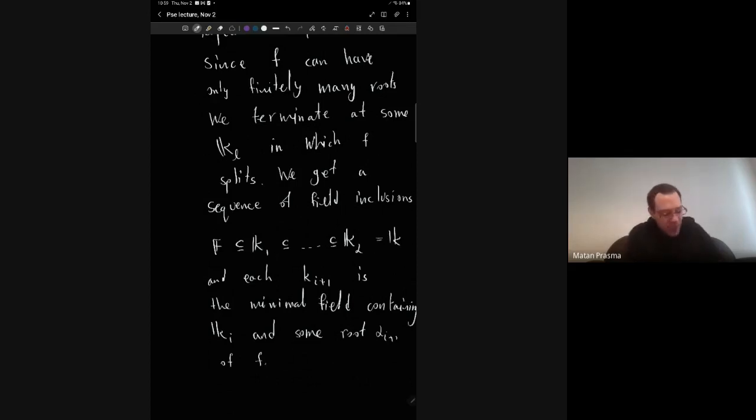So since in every step of the way we had the minimal field containing the previous field and another root, it means that the last one is the minimal field containing F and all the roots of this original polynomial small f.